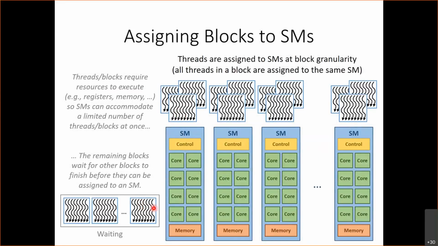So, if I have a block that has 1,024 threads, and then all of a sudden there's 512 thread slots that free up on this SM.